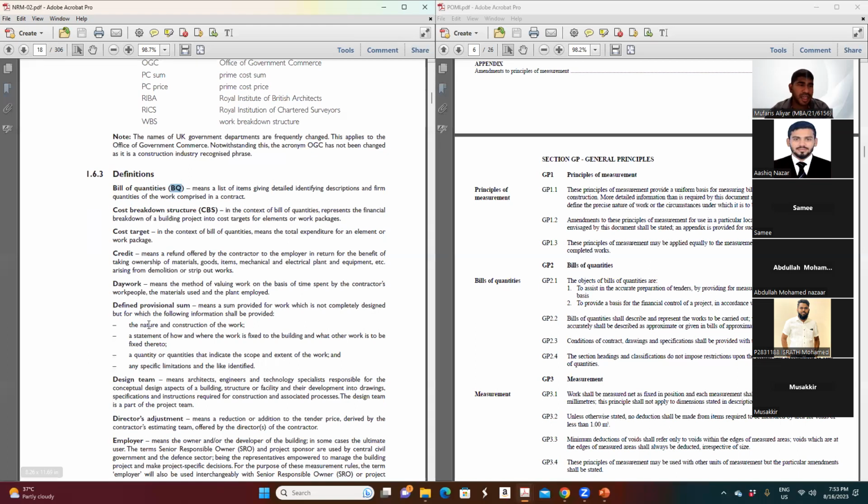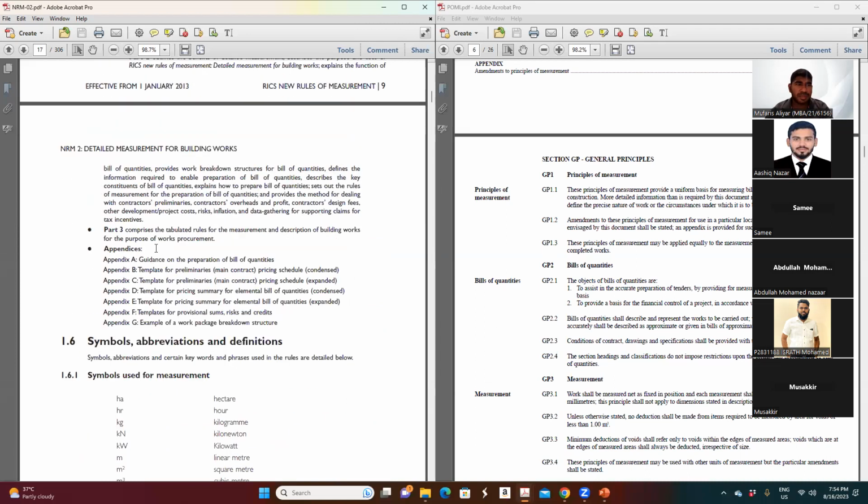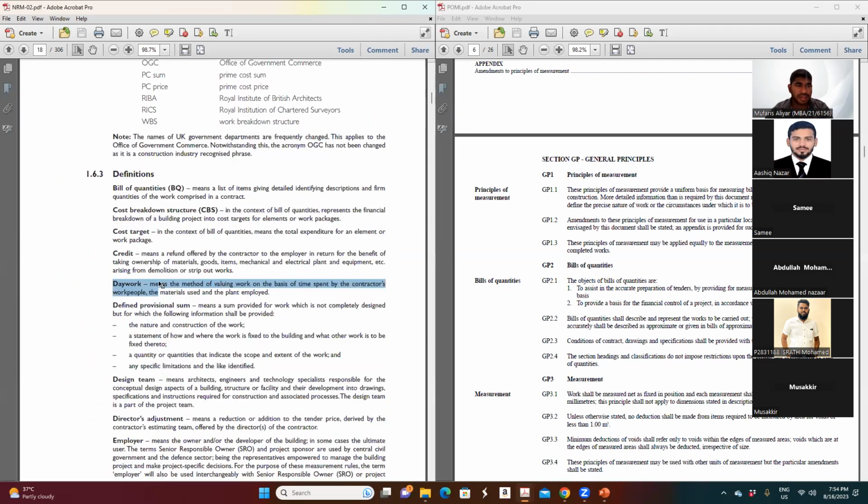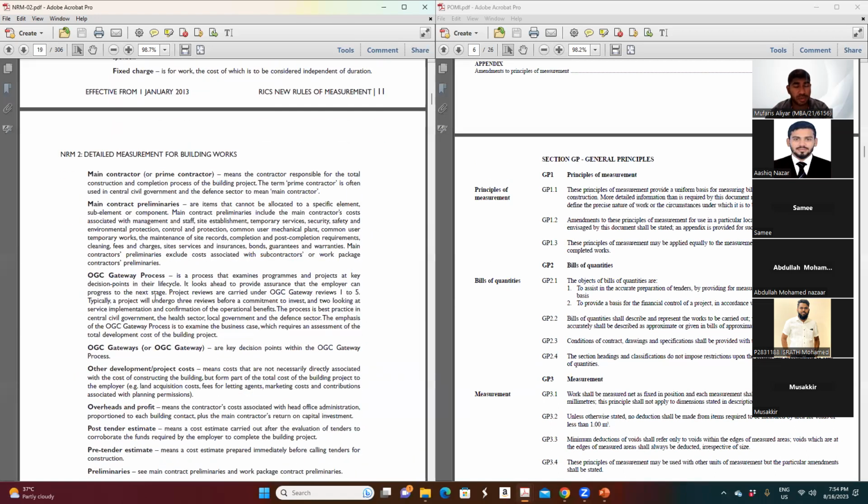Okay. Then what is the cost target, credits? This all you have to understand. What does it mean? Because I'll tell you one thing. Today, when I was preparing this morning, I didn't know what the meaning of credit is. First time I am seeing it, because I used it in one BOQ in my previous life.